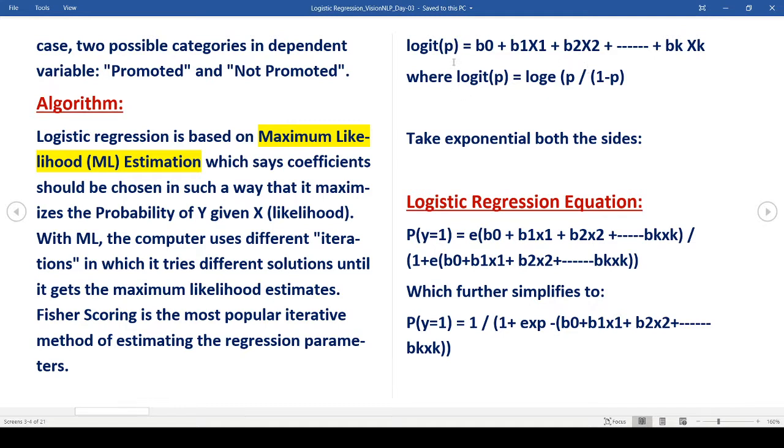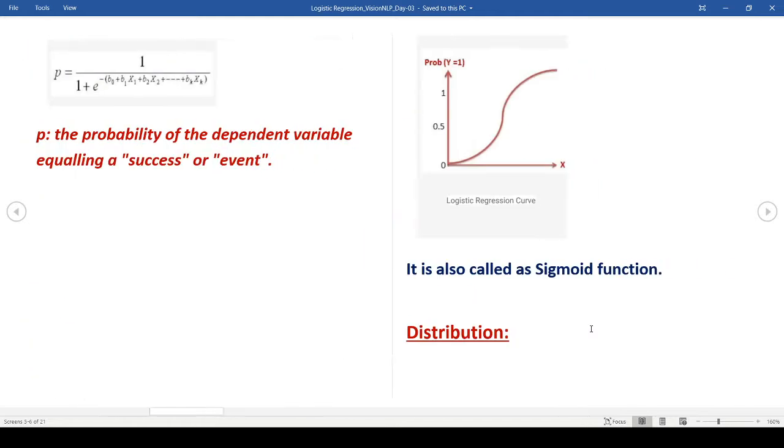We can take the logarithm on both sides, and this is our simplification, the math behind it. We can achieve p equal to 1 by 1 plus e to the minus, because it's a reciprocal, right? So we just reciprocated, and that is why this is the formula.